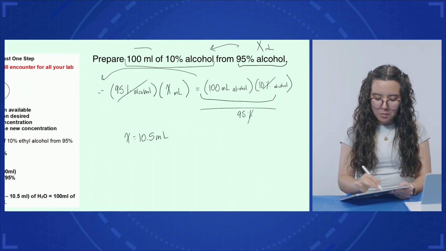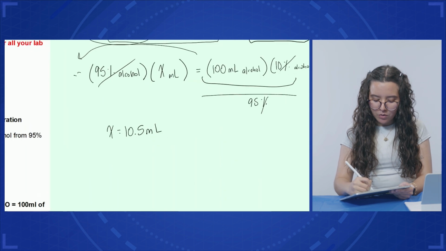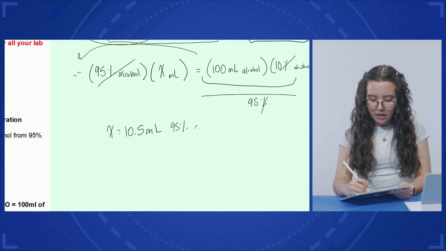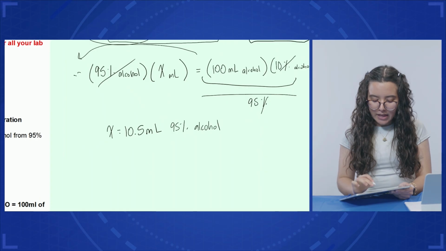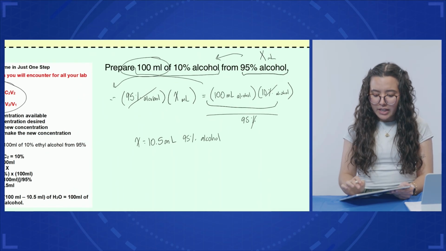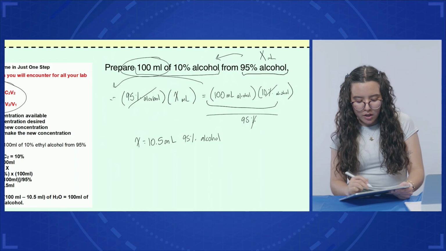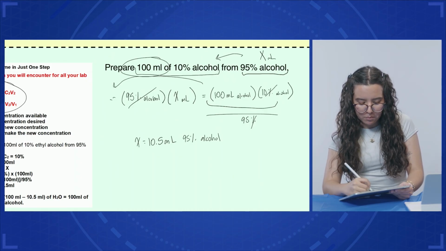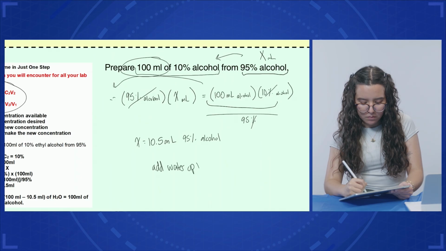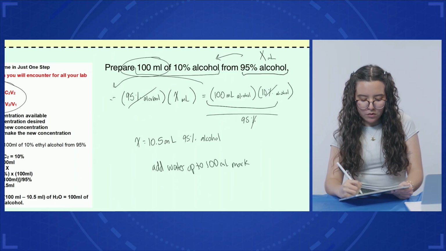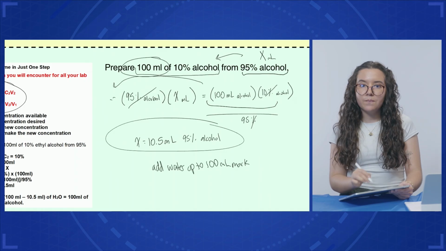So in order to actually prepare the 100, you would use the 10.5 milliliters of 95% alcohol, and then add diluent, in this case water, up to the 100 milliliter mark. But of course you only do this after you've already added this step.